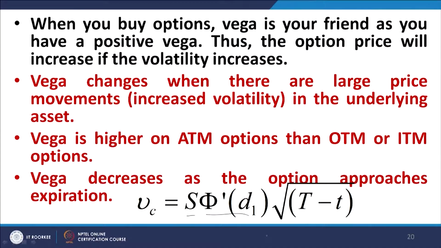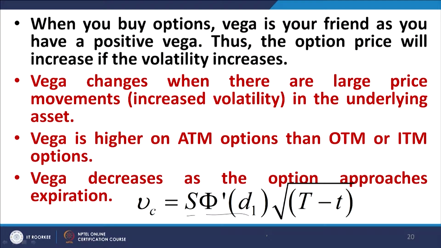At the money options will get more influenced by the change in volatility, whereas for options which are deeply out of the money or deeply in the money, even if the volatility changes by a small amount, their moneyness is not going to change significantly, and therefore, their price is also not going to change significantly, and that is why their Vega is very small.